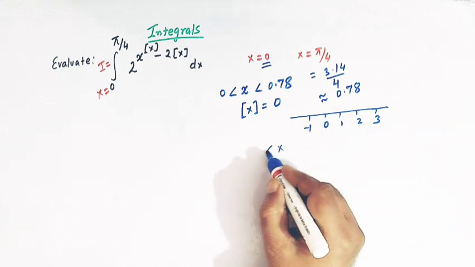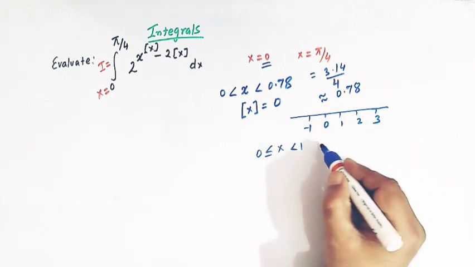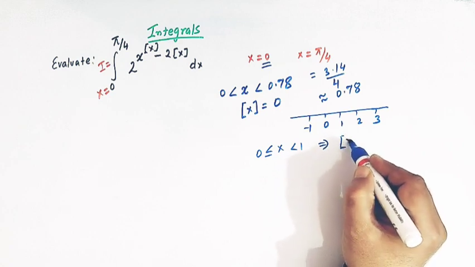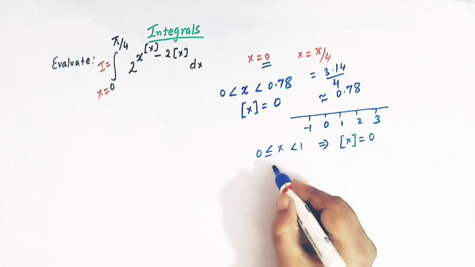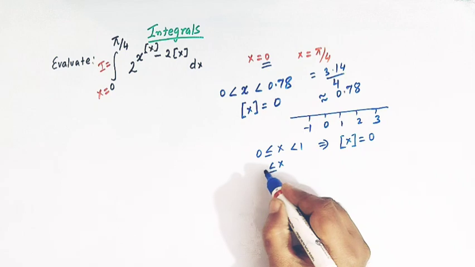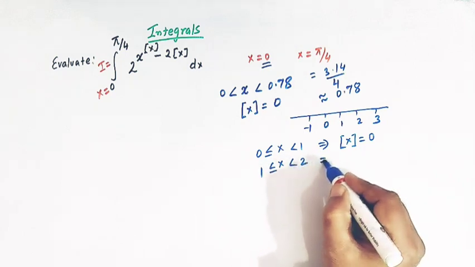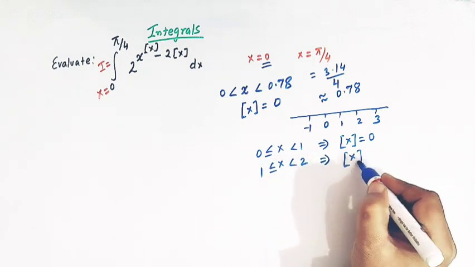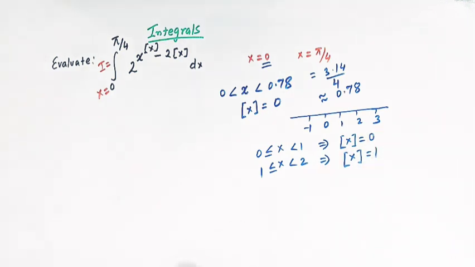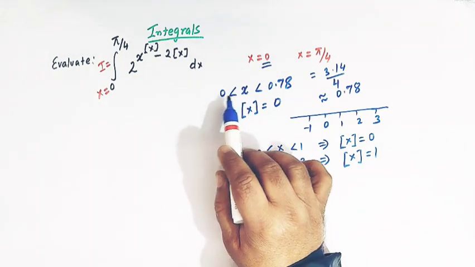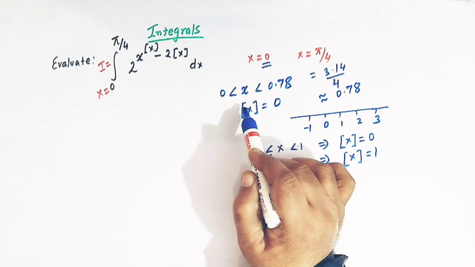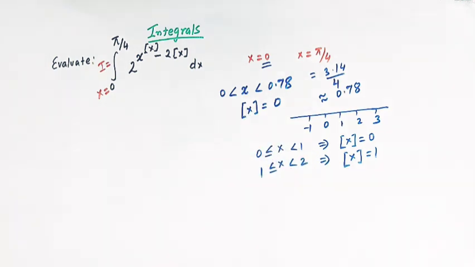If x lies between 0 and 1, then the greatest integer of x is 0. Similarly, when x lies between 1 and 2, then the greatest integer of x is 1, and so on, right? So here x lies between 0 and 0.78, so the value of greatest integer of x is 0.